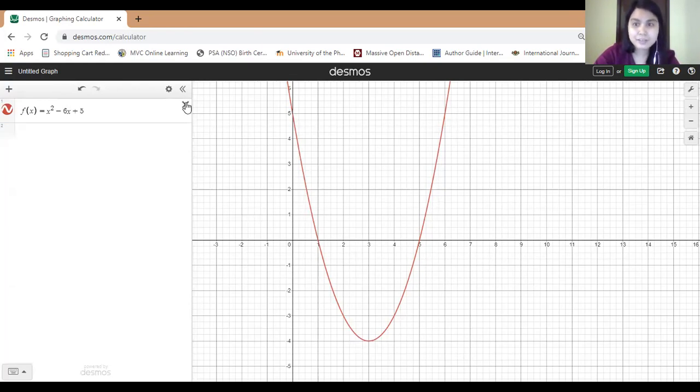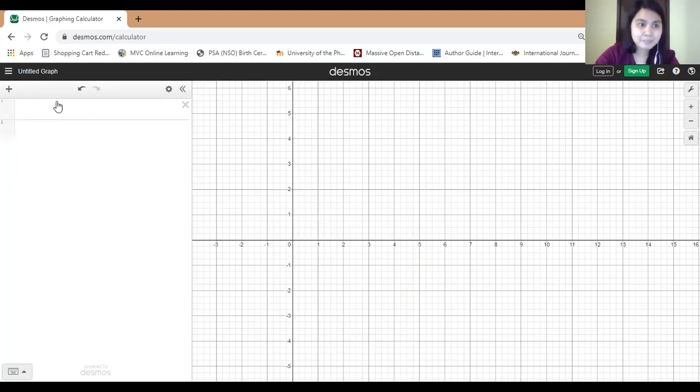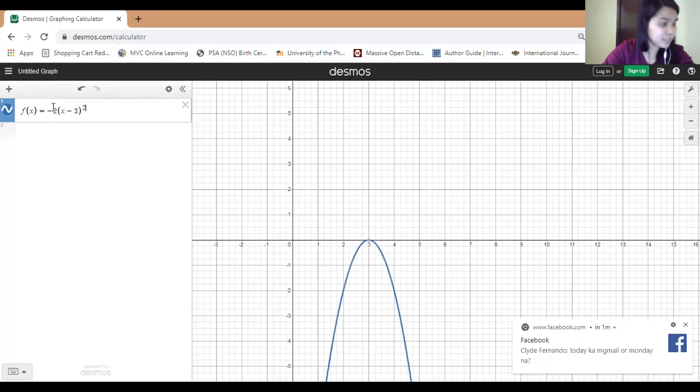Let's graph the next one. Ready? The other is f of x, the one we had a while ago. That's negative 2 quantity x minus 3 squared plus 8.